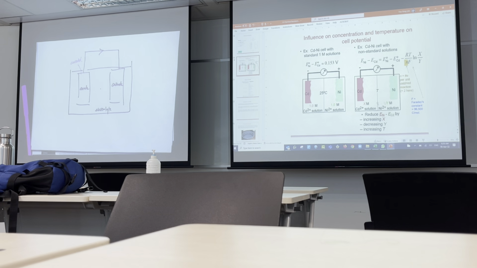It's not one. How can you find the potential difference? Then you have to use the Nernst equation over here. This is the standard value from the EMF series table. R is your gas constant, T is temperature, F is the Faraday constant 96500, and this is the concentration.